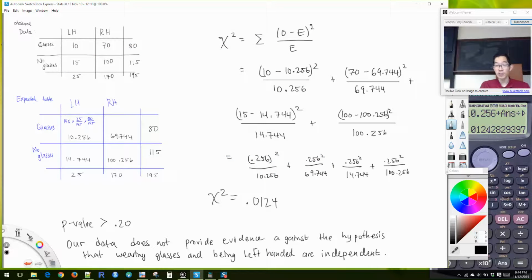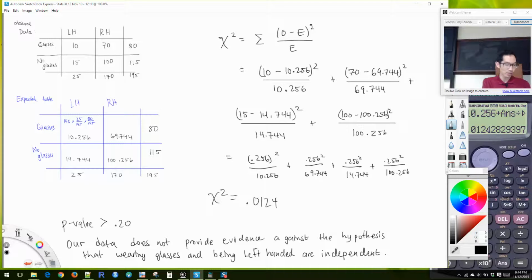Can we say our data supports the hypothesis that wearing glasses and being left-handed are independent? Yes, no? Well, we say no. We cannot say that it supports the null hypothesis or anything like that. All we can say is that we do not reject the null hypothesis.